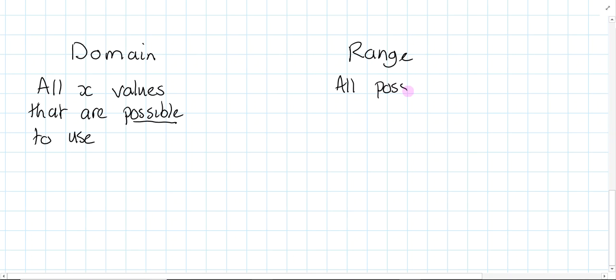So the range is all possible y values, outputs, right.